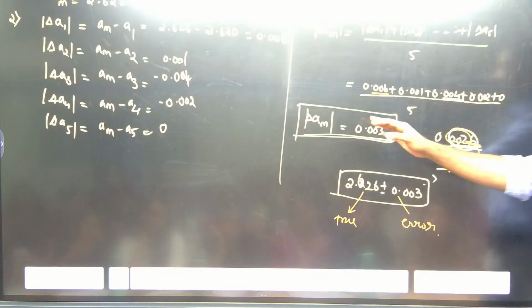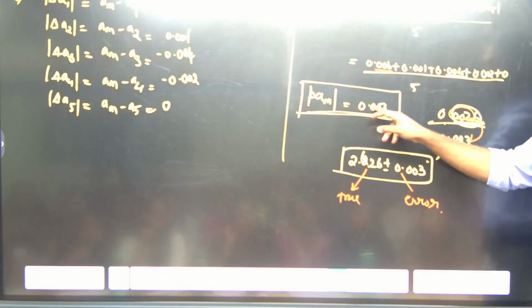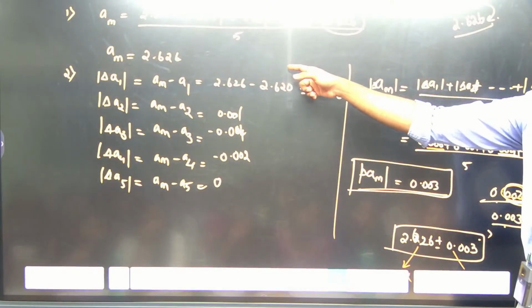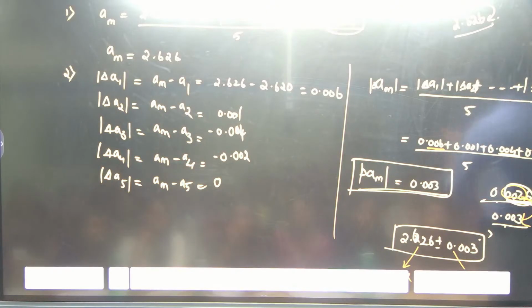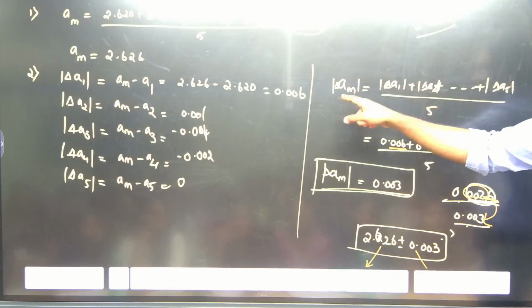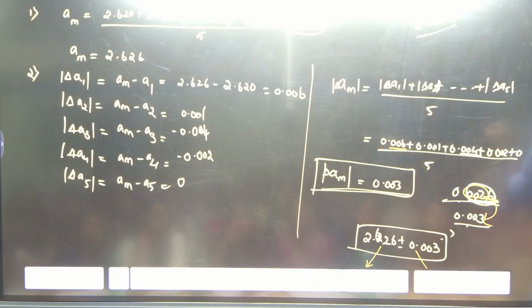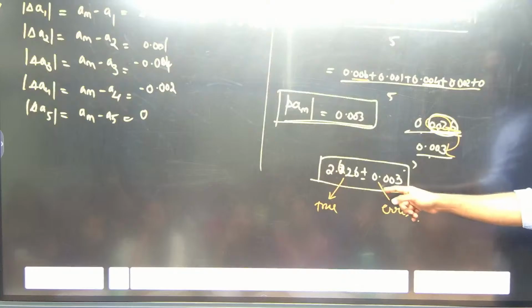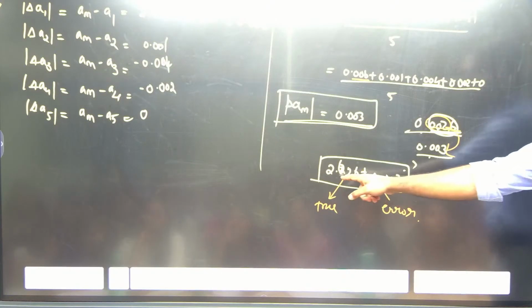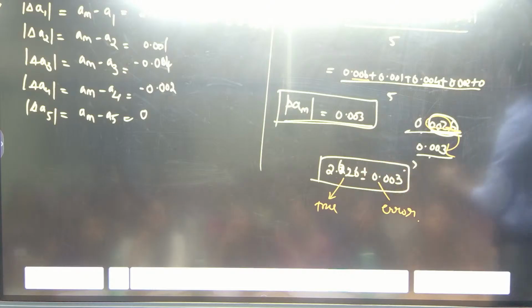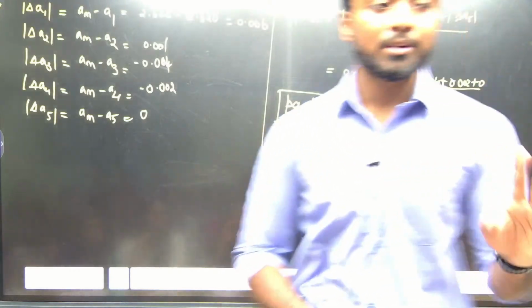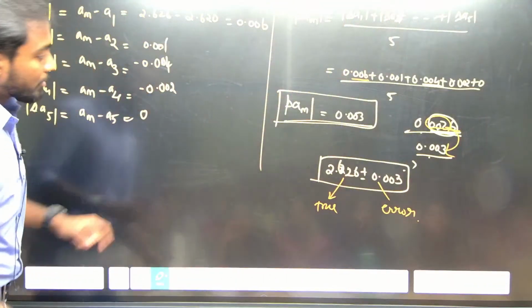To write the equation properly, the mean value we got is the value of the given measurement. And mean absolute, for which I have given the symbol delta, means error. So plus or minus 0.003. The values can be between 2.623 and 2.629.